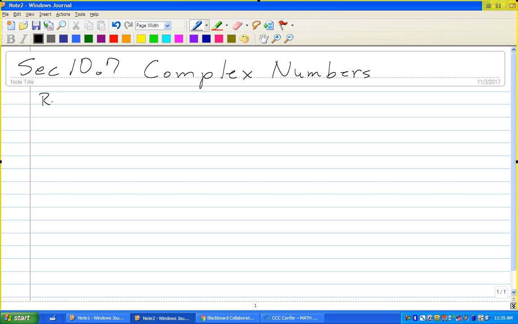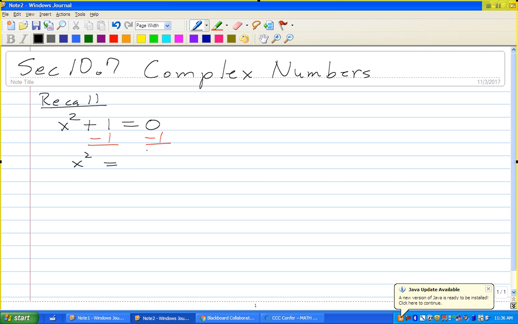So let's recall when we tried to solve the equation, let's say x squared plus 1 equals 0, we found that if I try to solve this over the reals, I get that x squared equals -1, but then I would try to make sense of x equaling plus or minus the square root of -1.